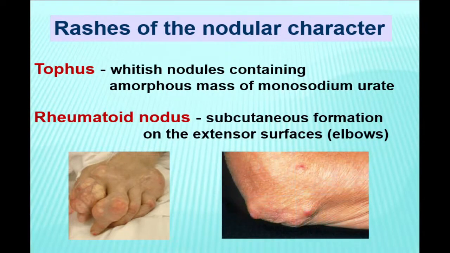Rheumatoid nodes are subcutaneous formations, usually on the external surface, more often at the elbow. Usually they are only a cosmetic defect and do not significantly affect movement. But tophus significantly restricts functional activity. You see formation of tophus, uric acid into the joints.